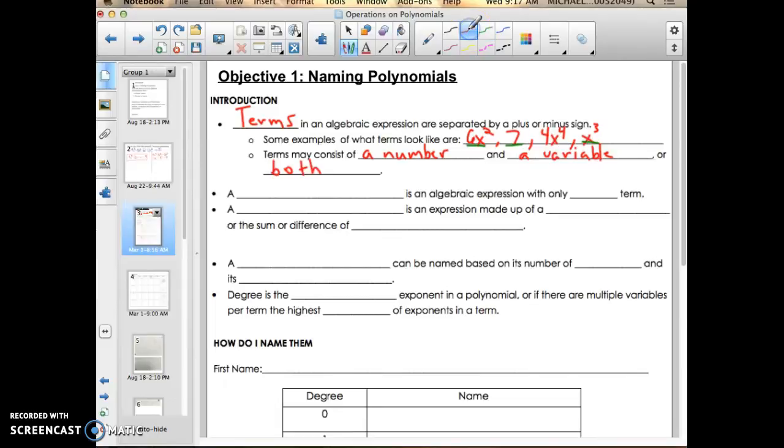To continue on, a blank is an algebraic expression with only one term. If there is a polynomial with only one term, it is called a monomial. That is the most basic polynomial. Blank is an expression made up of two terms, or the sum or difference of two monomials, and this is called a binomial.